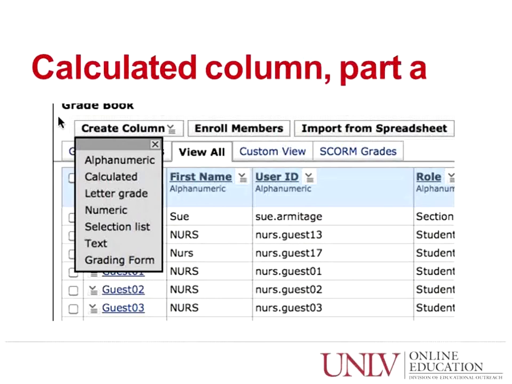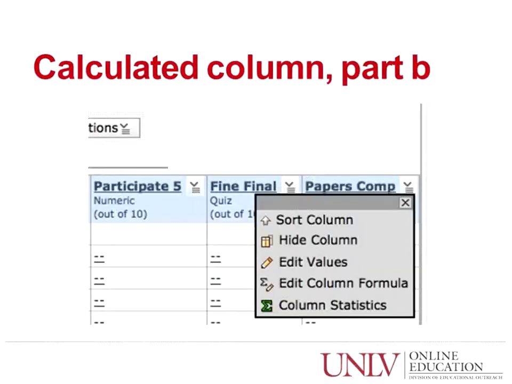Again, you start with creating a column that will be using information that exists elsewhere in the gradebook. So you select calculated column from one of the 7 choices. After you've created the column, this one is called Papers Comp, short for Papers Composite Grade.